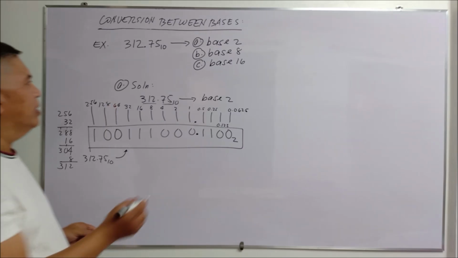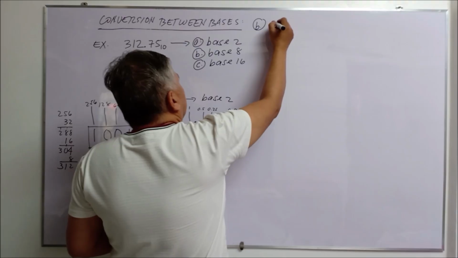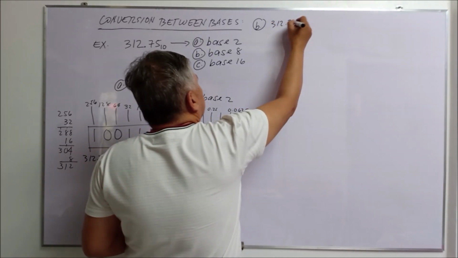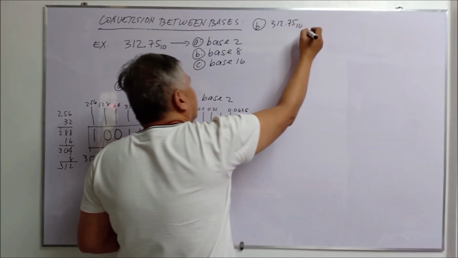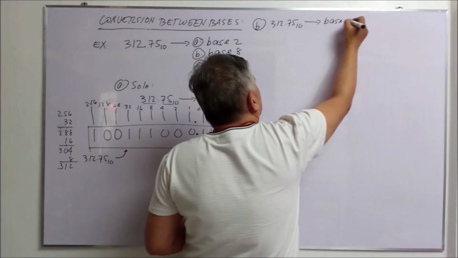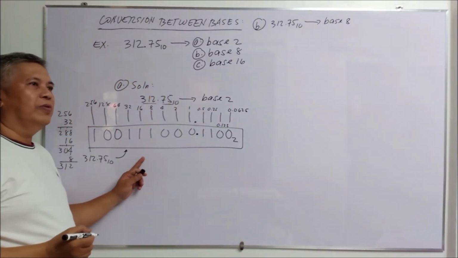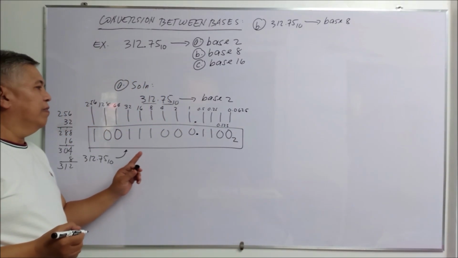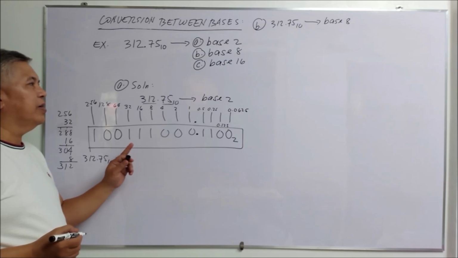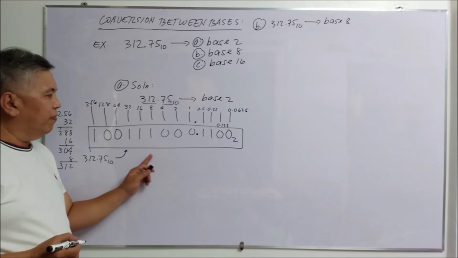So how do we do that? For letter B, 312.75 of base 10, we want it converted to base 8. Now again, we have already determined the value of that particular number, 312.75, in its binary form.